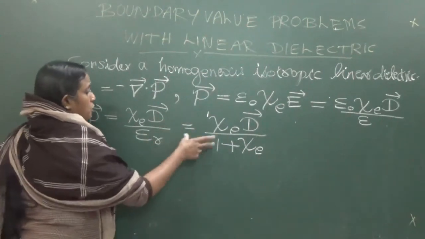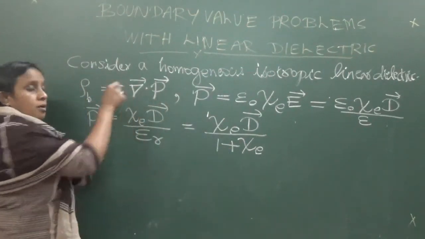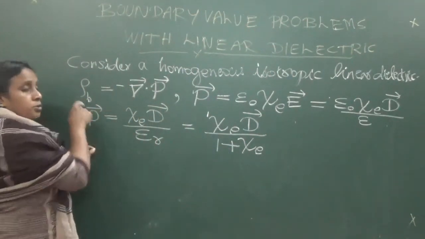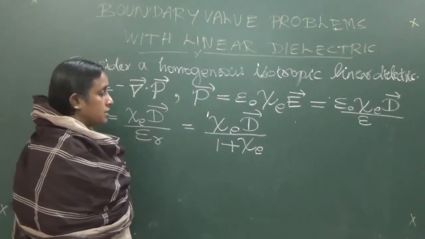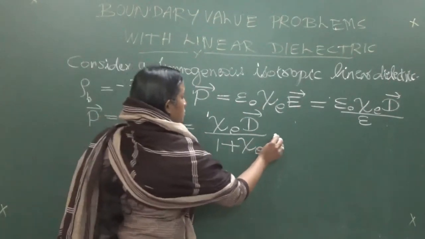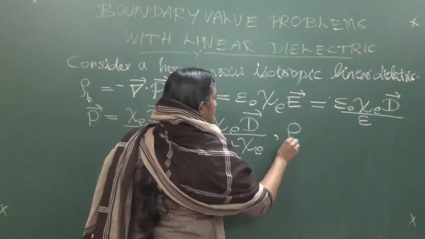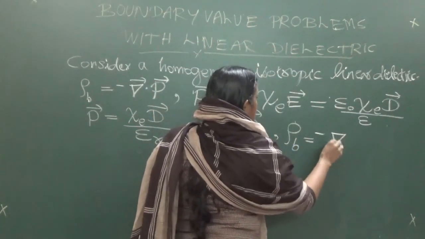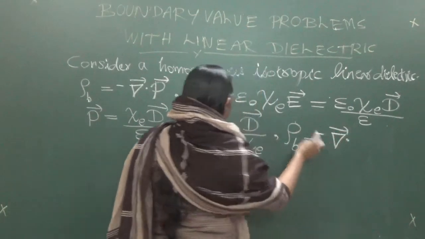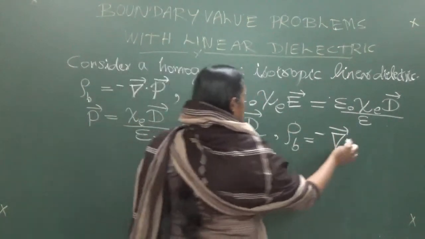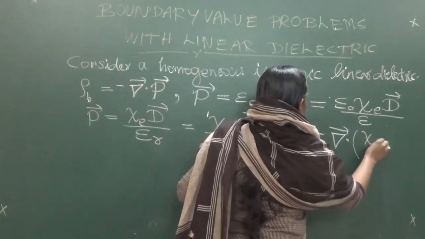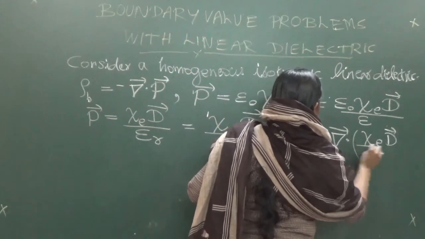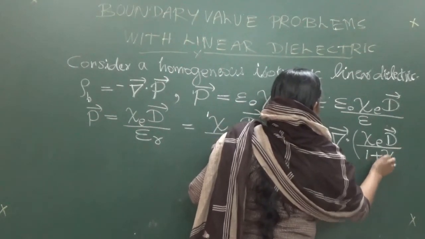You can substitute this expression for polarization in order to get the bound charge density. So the bound charge density rho b equals minus del dot P. P is replaced with this term, so you have chi e D by 1 plus chi e.